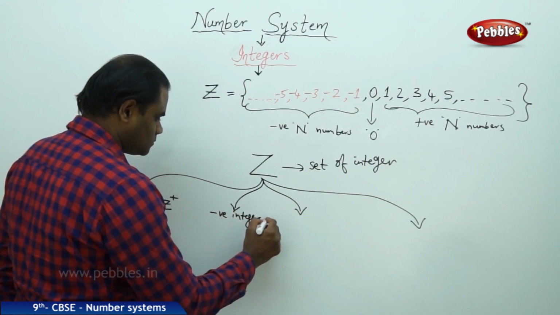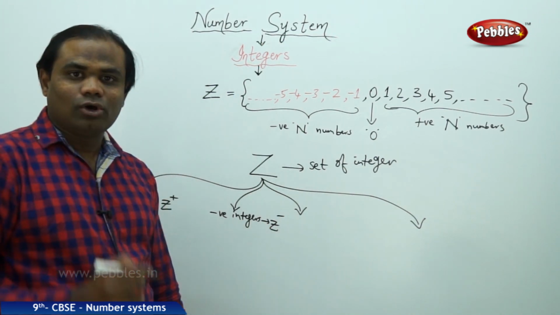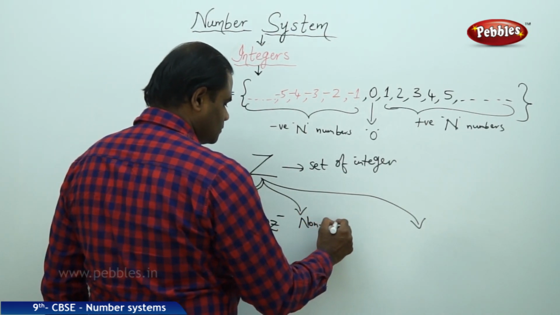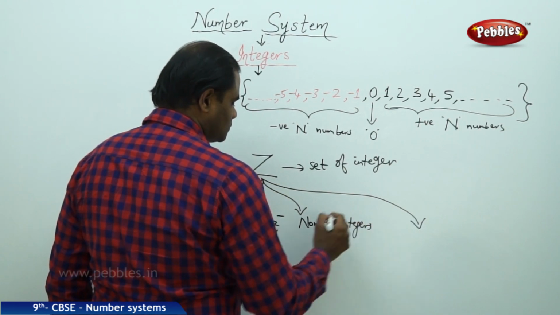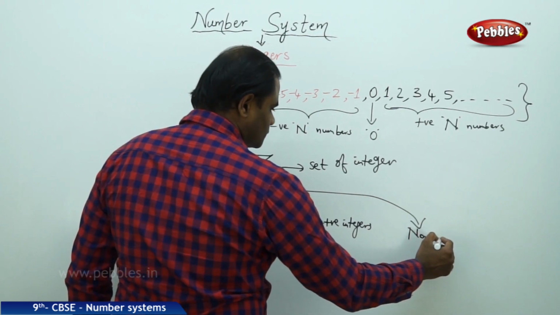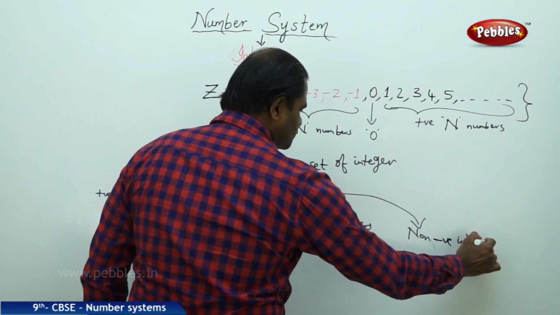And thirdly, I have non-positive integers. And next I have non-negative integers.